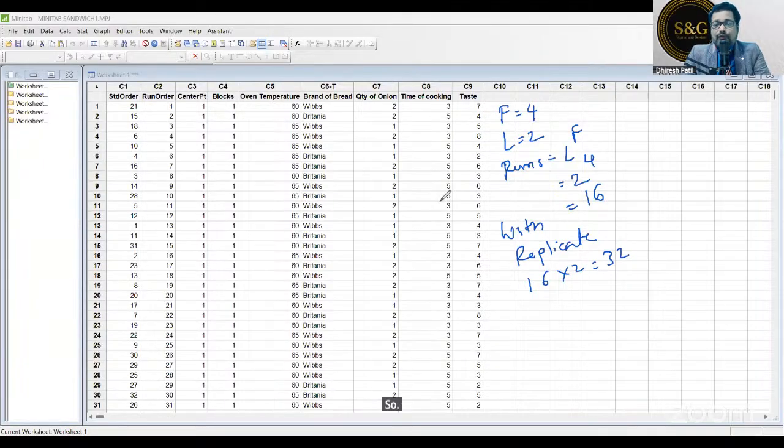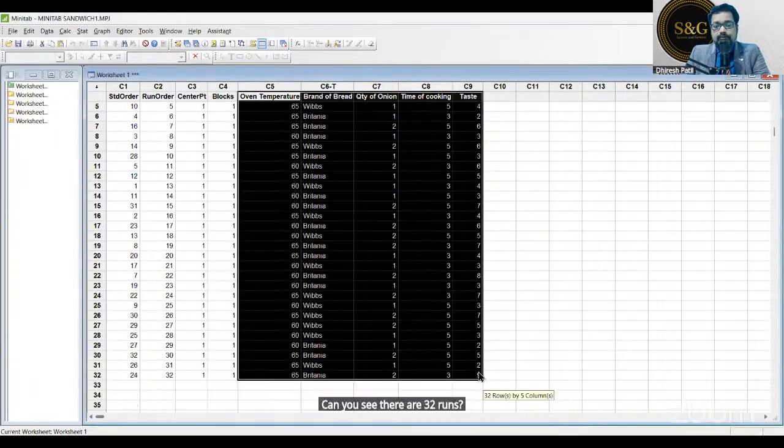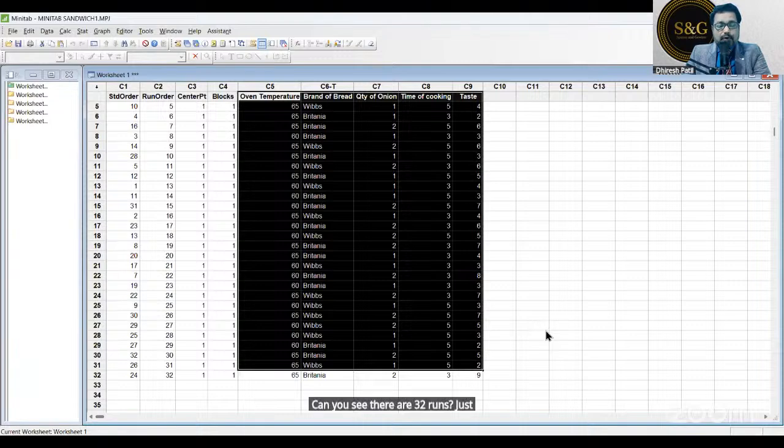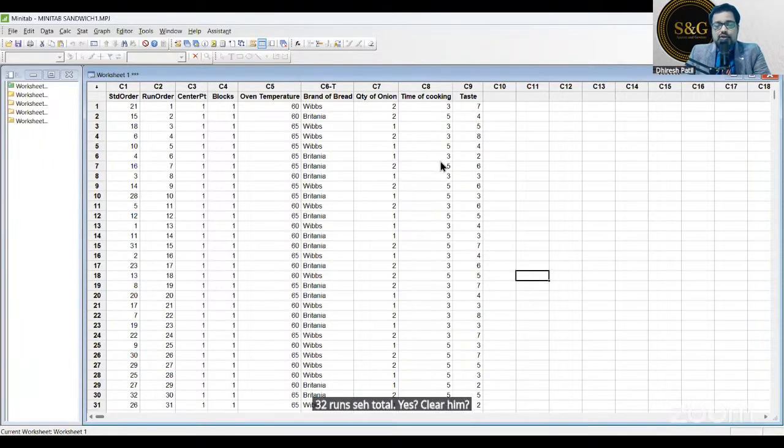L raised to F, 2 raised to 4, is 16, and 16 into 2 is 32. You can check here, there are 32 runs in this. Can you see there are 32 runs? Just give me yes in the chat box. So how do we analyze this?